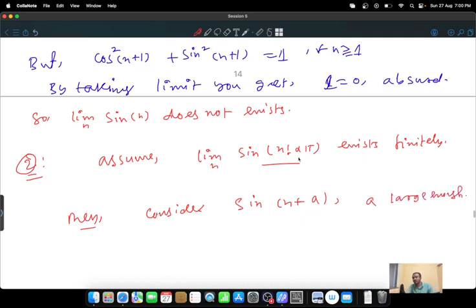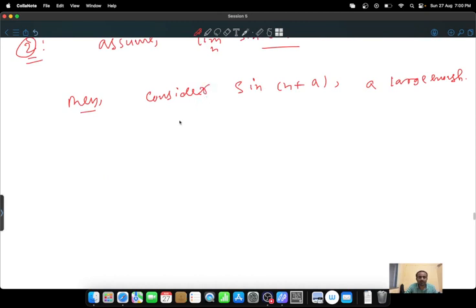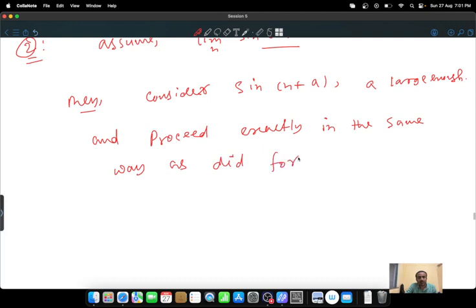That will be a subsequence, I mean you took a subsequence from these sequences, and proceed exactly in the same way that was proved for sin n, exactly the same way as we did for sin n. So it will not be that much difficult.